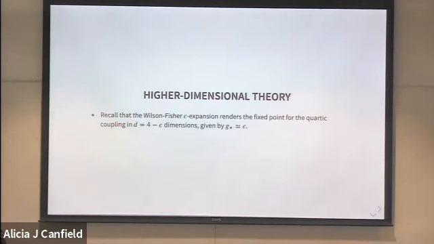All right. So, however, that's not where problems with higher dimensional theory stop. It's not just an issue of being non-renormalizable. The other issue, remember that we discussed with the Fisher fixed point, is that the fixed point value of the quartic coupling behaves as epsilon times some positive number.